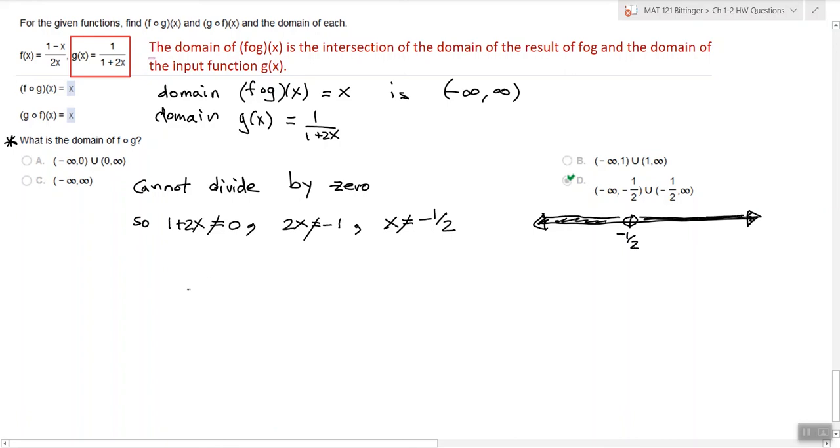So if I'm going to write this in interval notation, it's -∞ up to -1/2, and these parentheses mean go all the way up to -1/2, but don't actually go to -1/2. Anytime you see this union symbol, it means there's a gap, and then start again at -1/2 and go all the way up to +∞. So that means we could get very, very infinitely close to -1/2, but we cannot be -1/2.